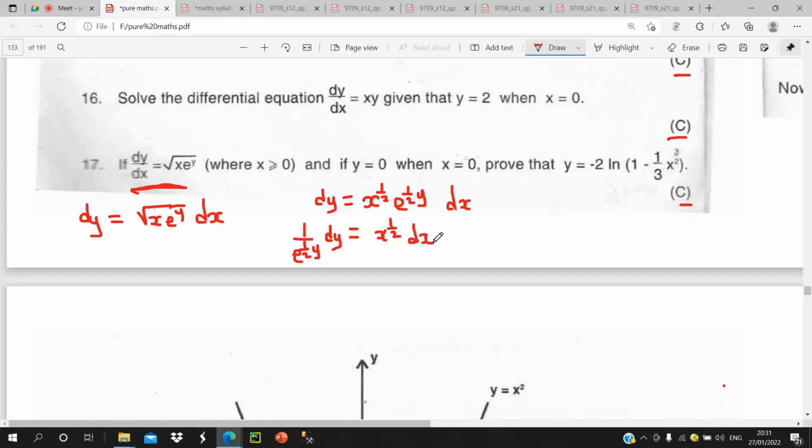Right. So are we done separating? Yes. So next we are now at integrating, so maybe simplifying this one. This one, if it goes on top, it will be e to the power of minus half y, right? Yes.